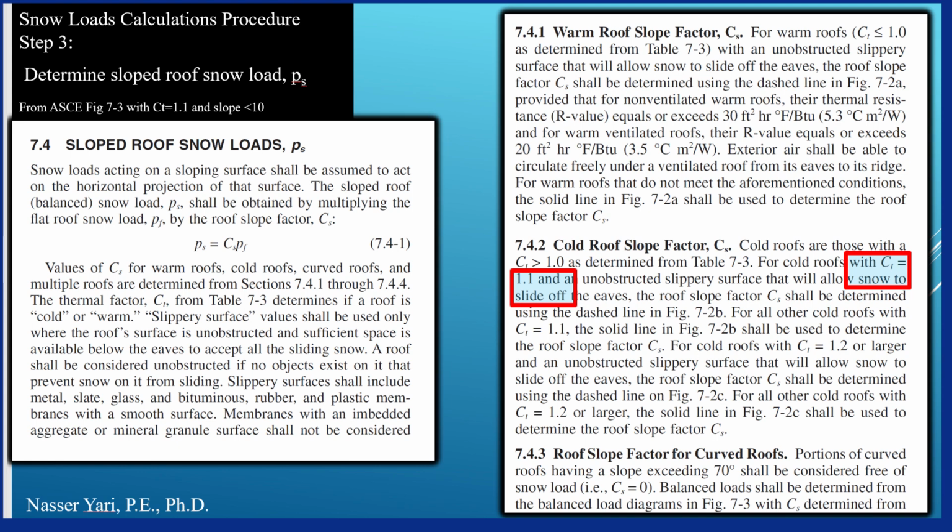So step 3, it says find the sloped roof snow load PS. And a formula is given for PS, let me use a different color here. So step 3, and we have PS is equal to CS times PF, which you have already calculated.